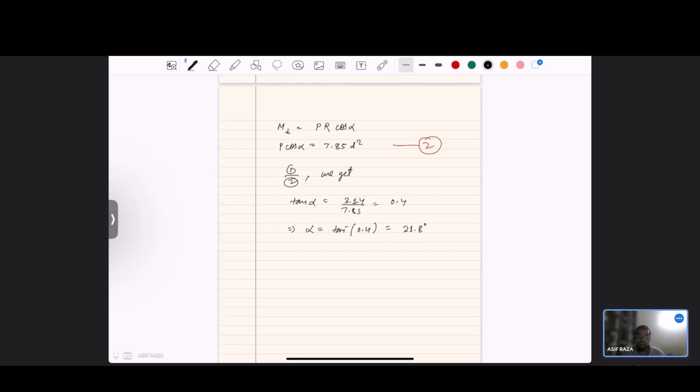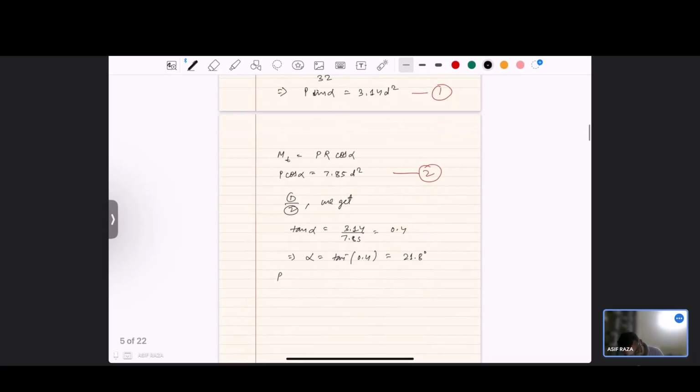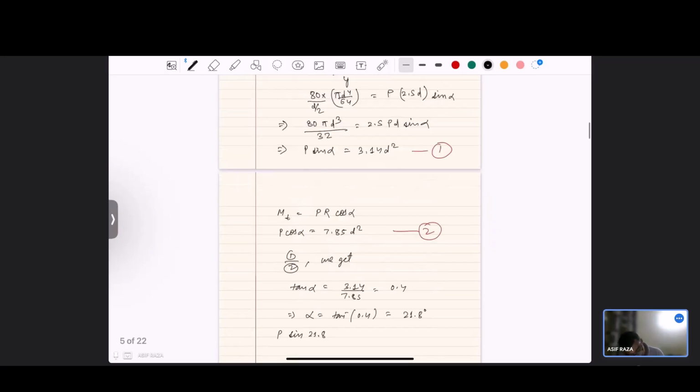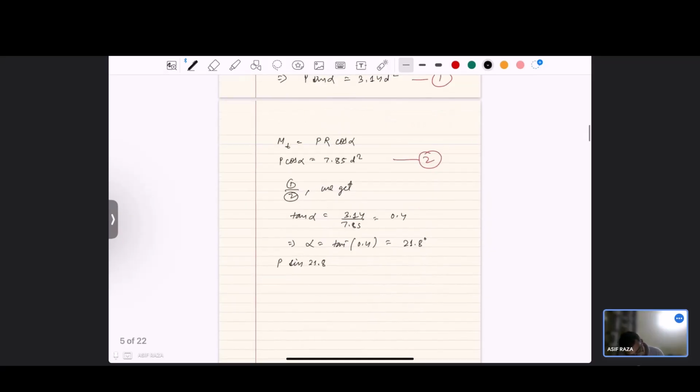Now we have P sin 21.8 as 3.14 d square.